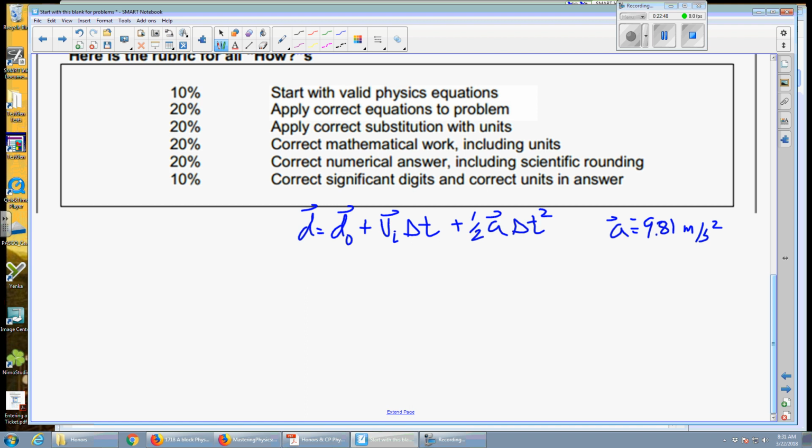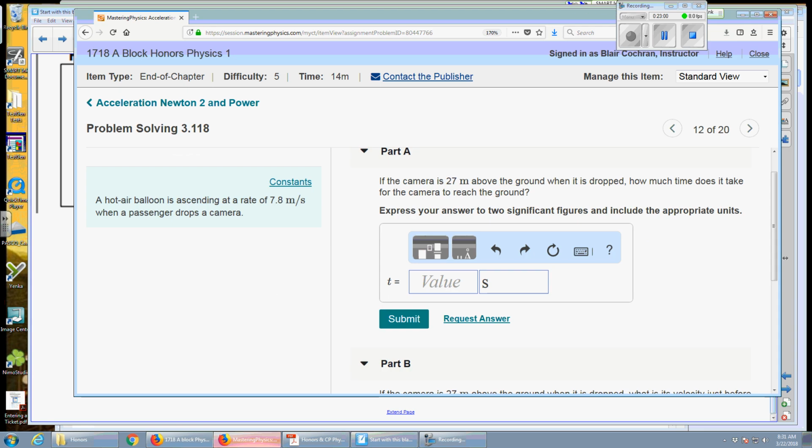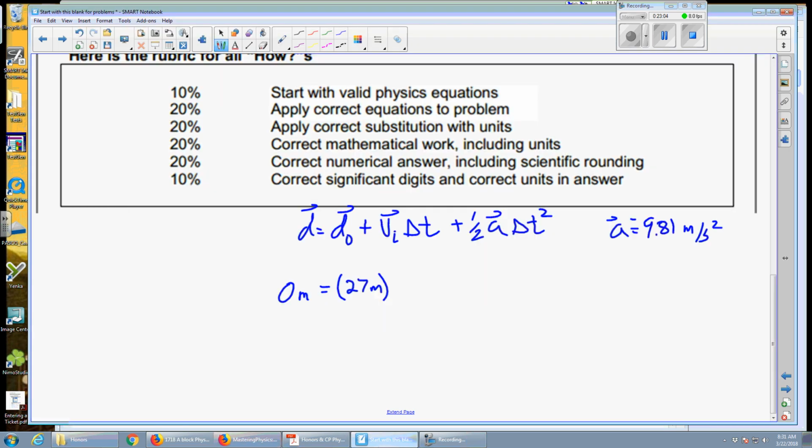Okay. So the camera ends up at the ground. It starts at positive 27 meters. Right? I think that's right. It's moving upwards when it starts, so that's going to be plus 7.8 meters per second.